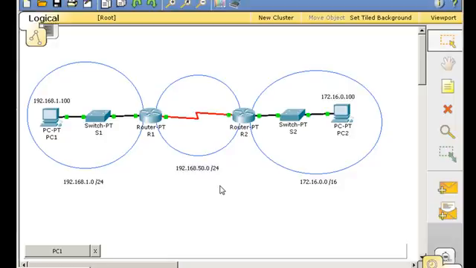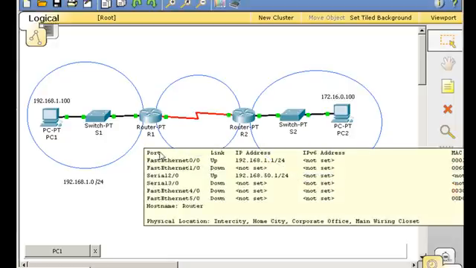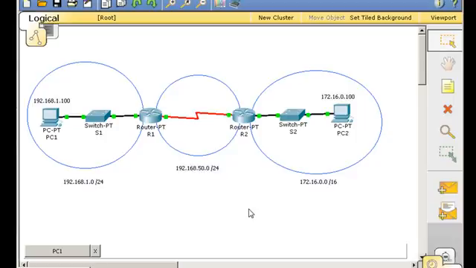What the dynamic routing protocol is built for is if we enable RIP on these two routers, then the routers will exchange routing table information with each other. And so R2 will tell R1 about its two networks, and R1 will tell R2 about its two routes. And so eventually they will learn dynamically about the extra routes.